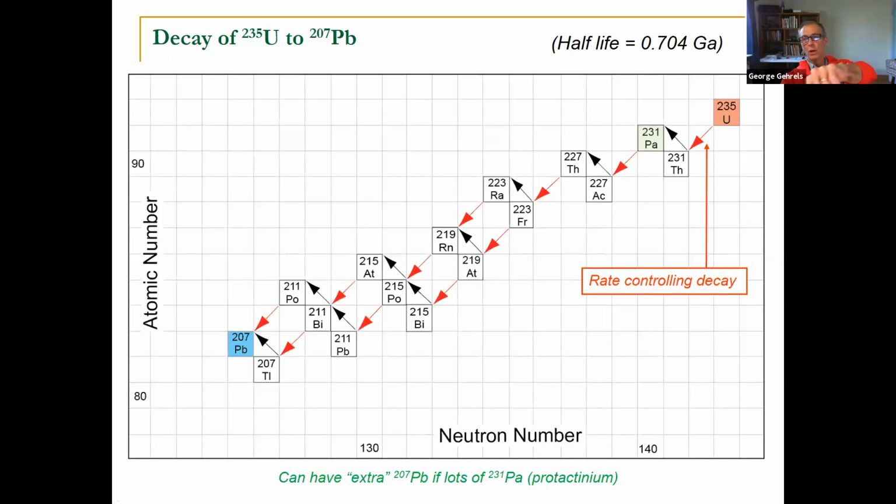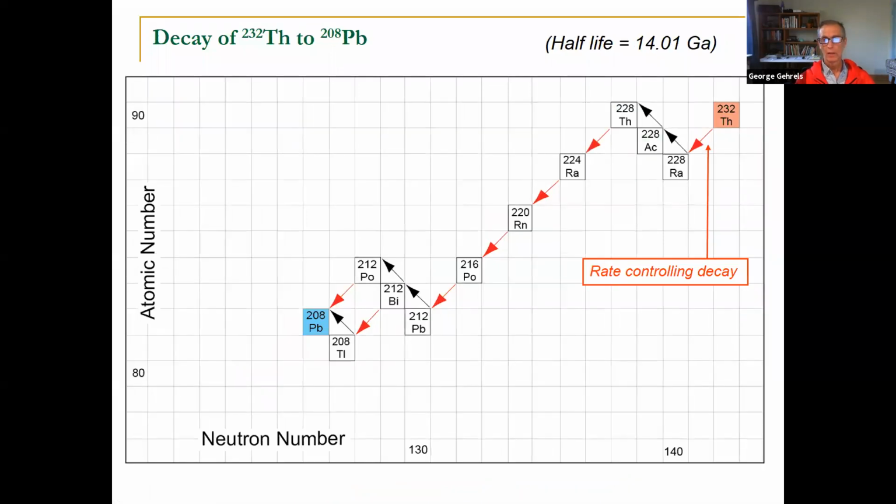It's like having 2 watches on your arm, and they're ticking at different rates. And that's a really powerful aspect of the technique. One is more powerful for younger systems, and the other one is more powerful for older systems. So we'll talk a lot about that this morning. And then here's the third one, thorium-232 decays to lead-208, and this has a very long half-life, 14 billion years.